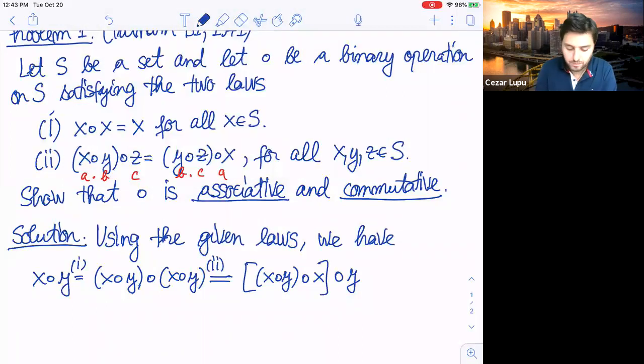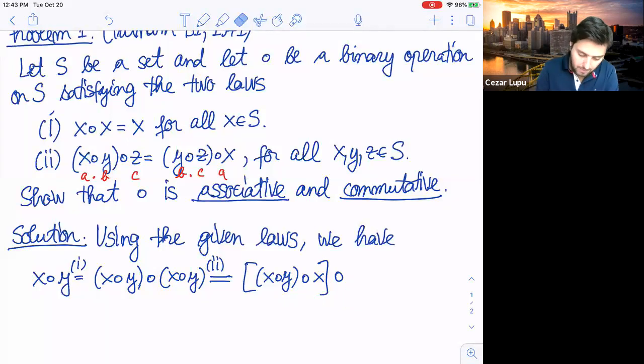Let's say this is A, B, C, right? So A, B, C is B, C, A. So it's x times, you see, it will give you exactly this. So it will give you x circ y, circ x, circ y, right?